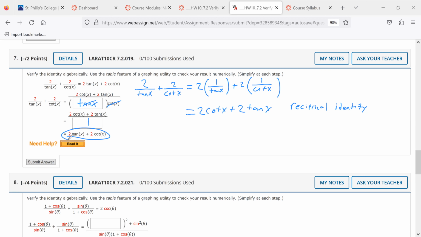So if you were to add these instead, you would get what they got, just by doing fractions. Or you can use the reciprocal identities. There's more than one way to do these. It's just that the way these problems are presented, they kind of lock you into one method. Okay. Anyway, any questions on 7?